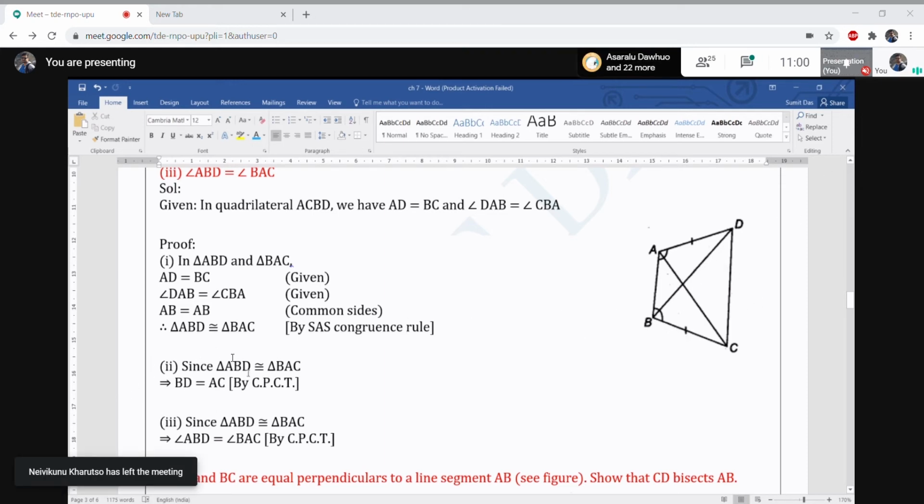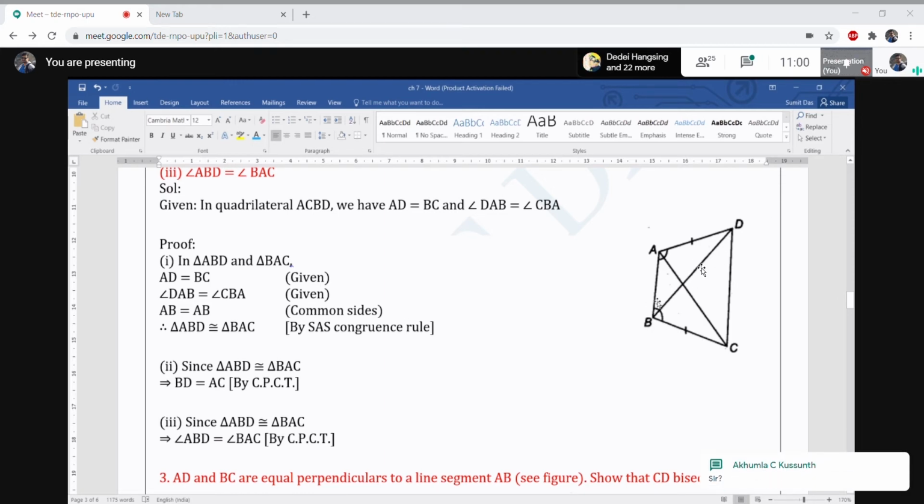Since ABD is congruent to BAC, therefore BD equal to AC. Similarly, since ABD and BAC are congruent, we can say angle ABD, this small angle, and angle BAC, this small angle, are equal. Okay, this is also easy.